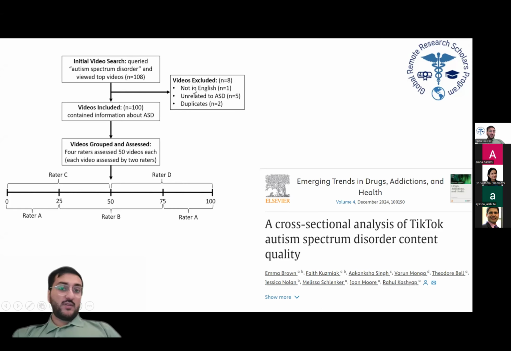Maybe it was because of language restrictions or not related to the topic. And then they were grouped and assessed using raters. So reviewers will rate them, and then you can get a scale, rater A, rater B, and then get a quality of information about it and write a whole paper. And this is published in another very reputable journal in healthcare.